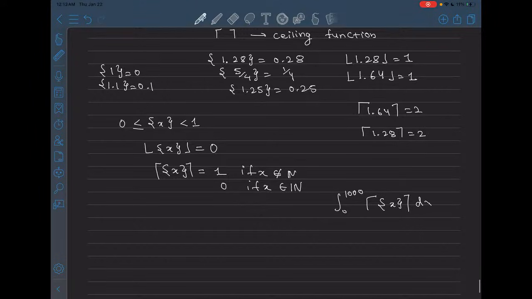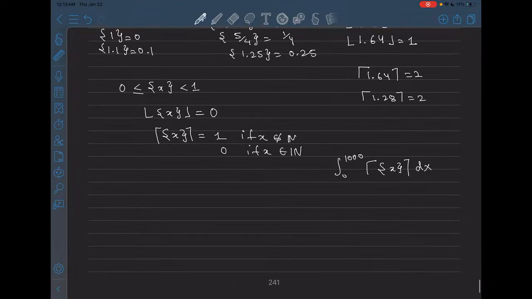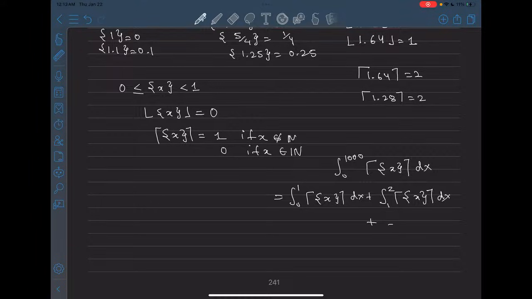What we can do is break these integrals into from 0 to 1, and then from 1 to 2 and so on, and from 999 to 1000, okay?